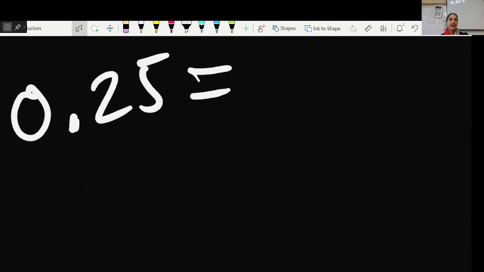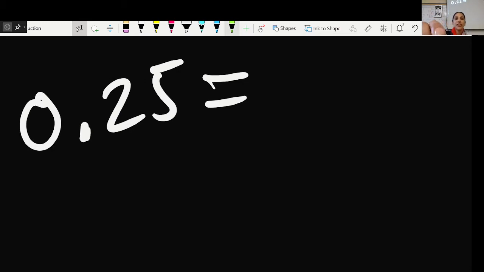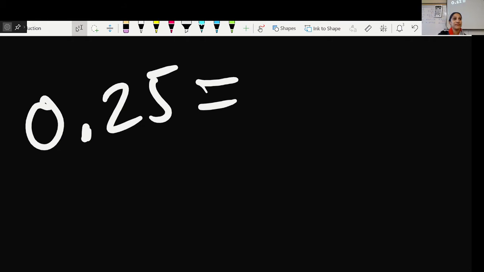What if we have the decimal already and we want to convert that into a fraction? No problem. We want to convert this into a fraction. In our fraction, what can I put as my denominator if I have 0.25 and I'm wanting to change it? 100.